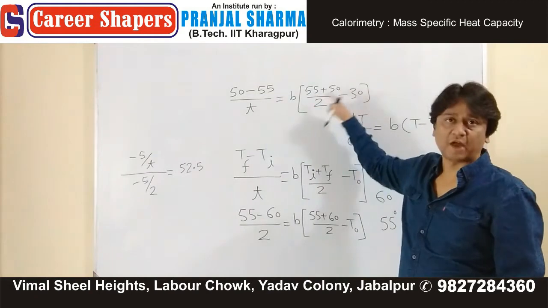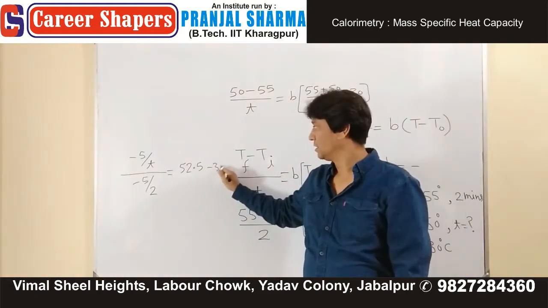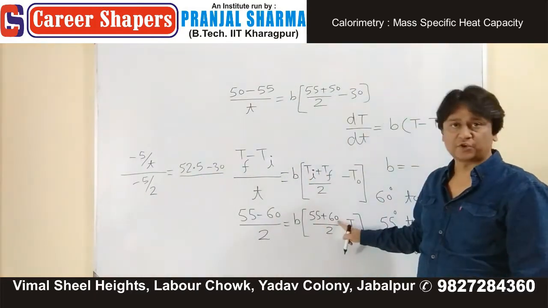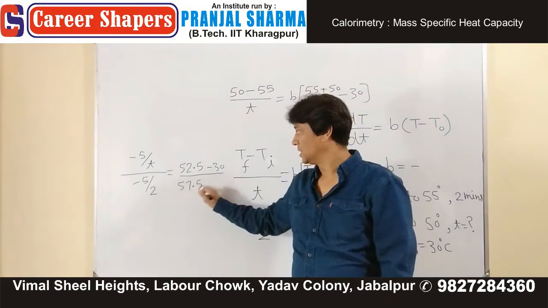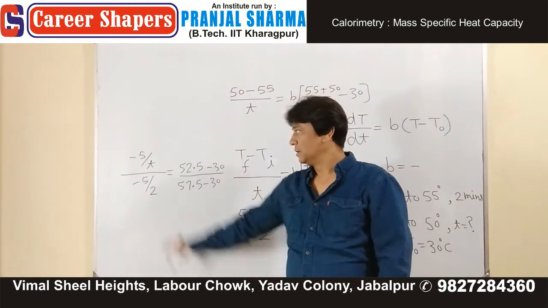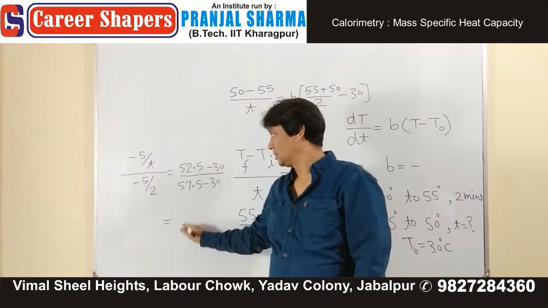Average of 55 and 50 is what? 52.5 minus 30, divided by the average of 55 and 60, which is 57.5, minus 30. The 5 cancelled. Your T is coming.